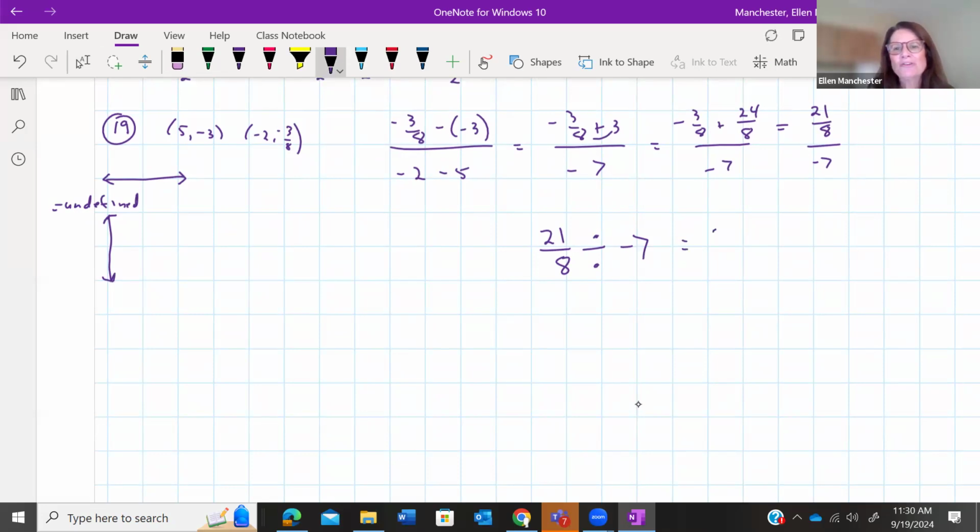You keep the first one, change the division sign to multiplication, and flip the third one, keeping the sign. Don't forget the negative sign. So keep the first, change the sign, flip the second one. And now I can cross cancel. So it becomes -3/8. There's your slope.